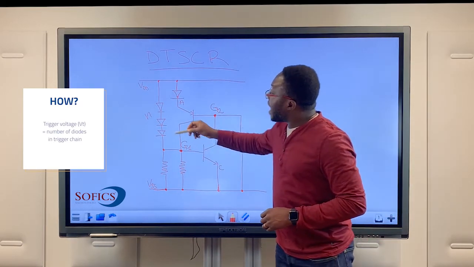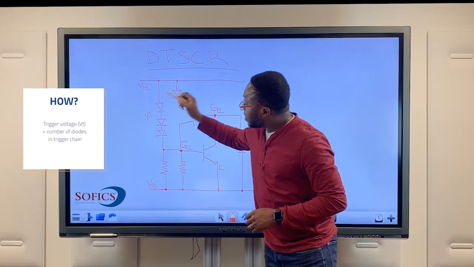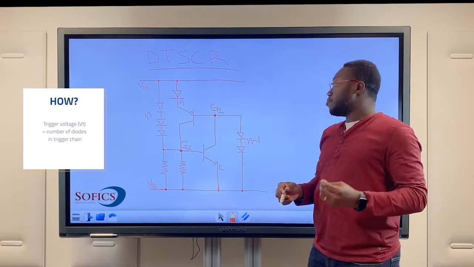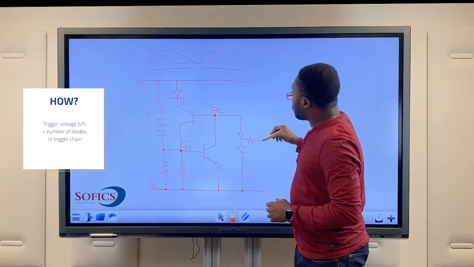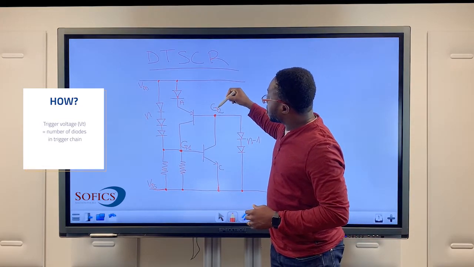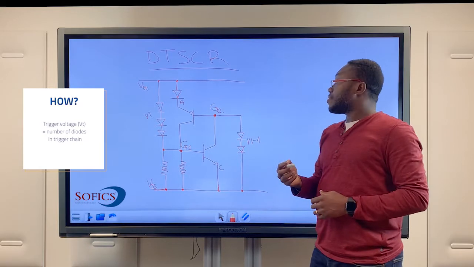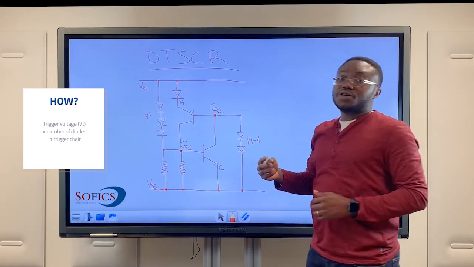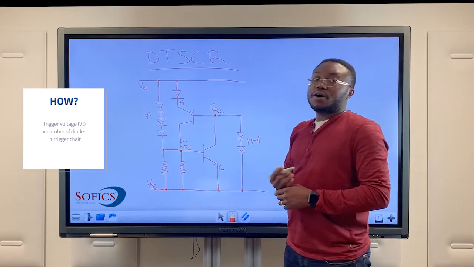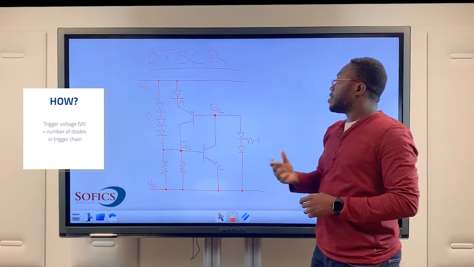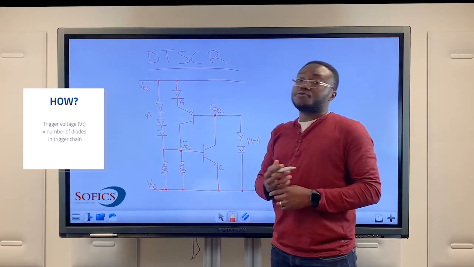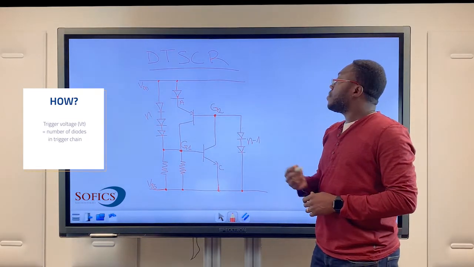So if we need N diodes in the triggering chain for triggering from G1 for a given trigger voltage, then we need N-1 diodes for triggering from G2. This is mainly related to the fact that the anode G2 junction sits within the N well, which is isolated from the P substrate, whereas we don't have the same situation for the G1 tap.